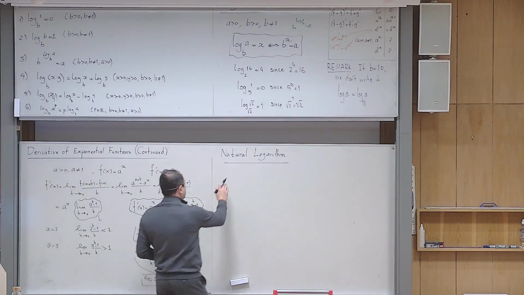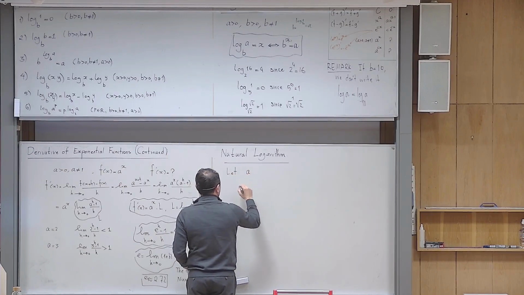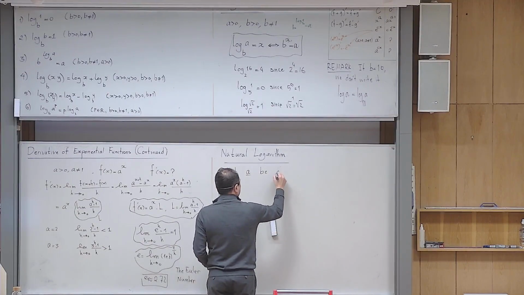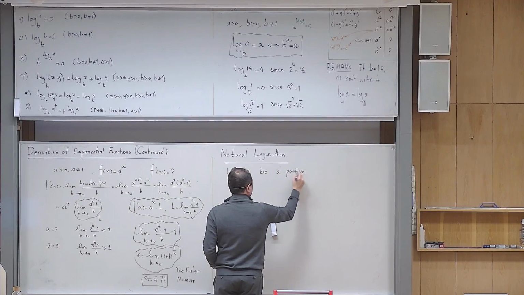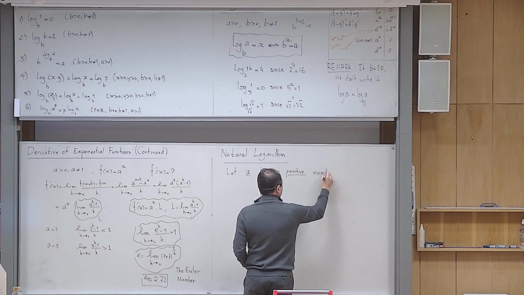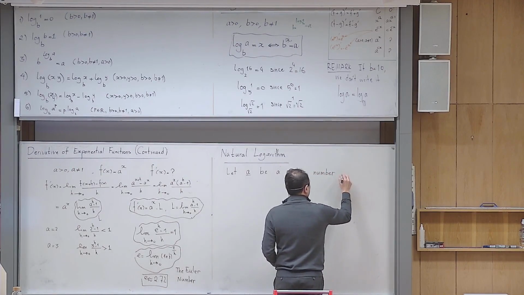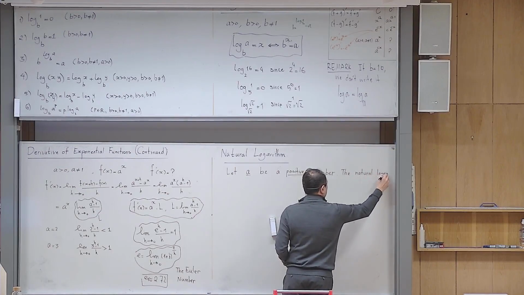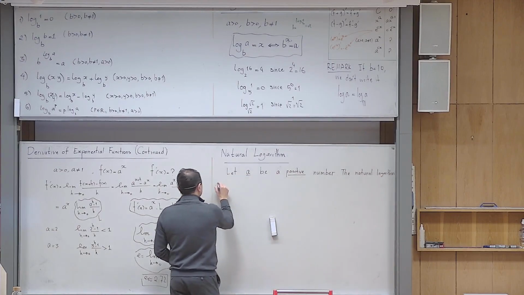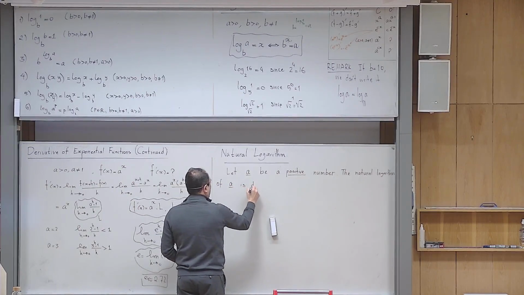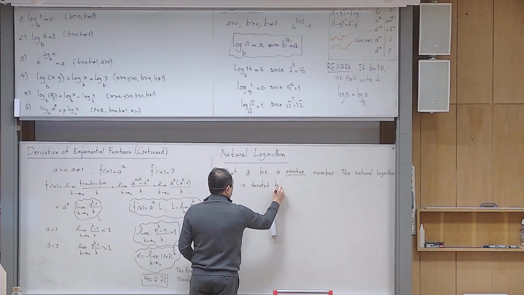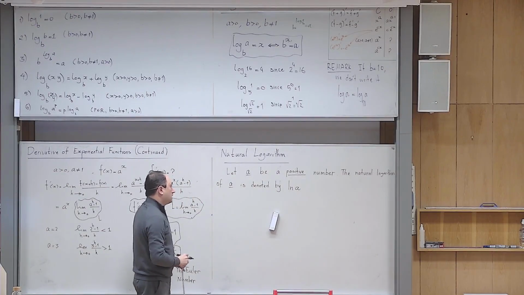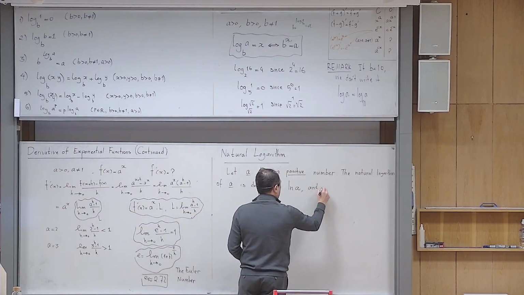Let a be a positive number. The natural logarithm of a is denoted by this symbol we use, ln of a, and it's defined as follows.